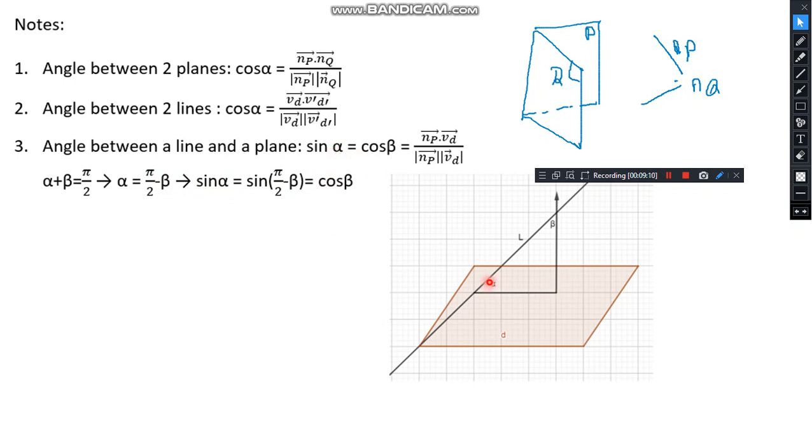Cosine beta is the angle between the normal and the directing vector of L. So it's np times v of t, the normal of the plane p and the directing vector d, over norm of p times norm of v. So I want you to memorize this formula.